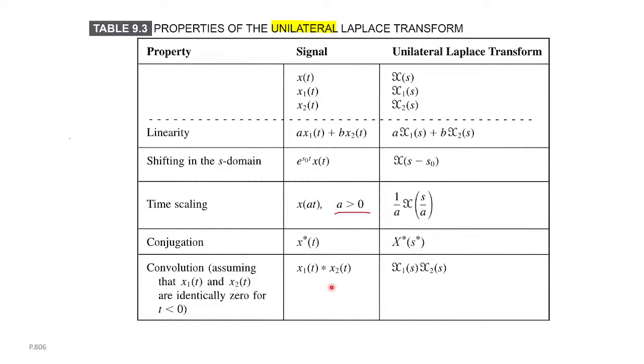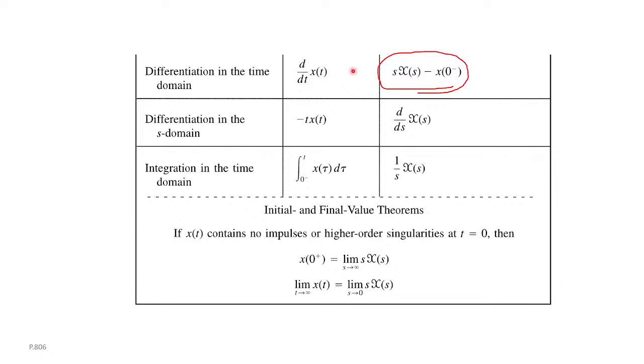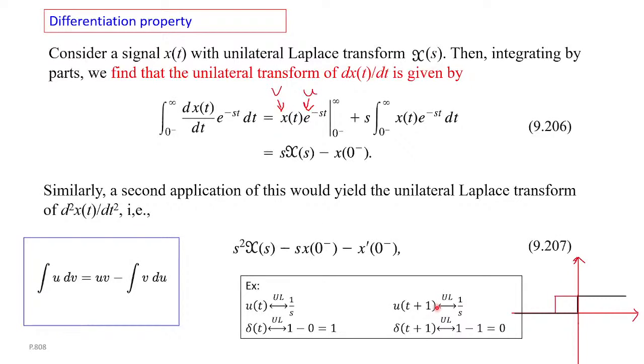Conjugation is the same, and a really different one is this differentiation in time. So instead of just this big X, you get the extra minus x at the 0 minus value, this boundary value. The initial value and the final value theorems are still the same.